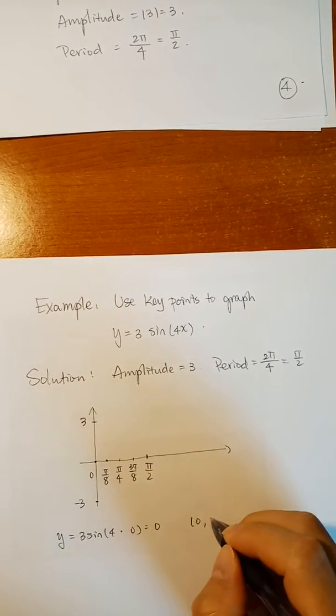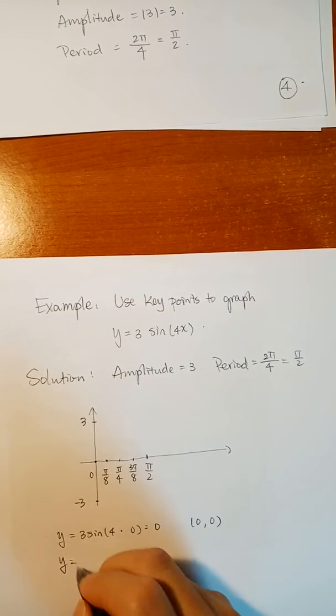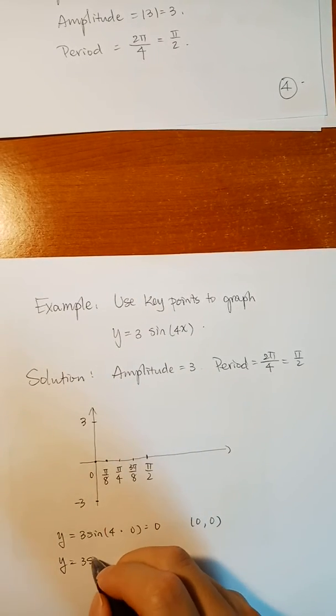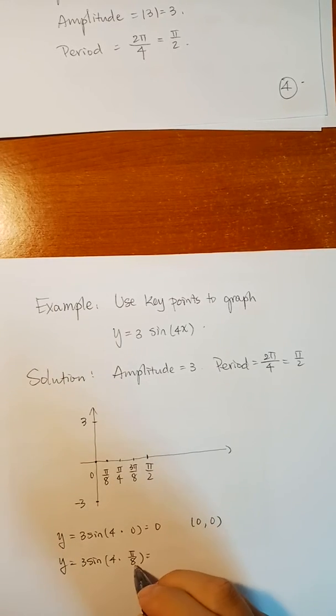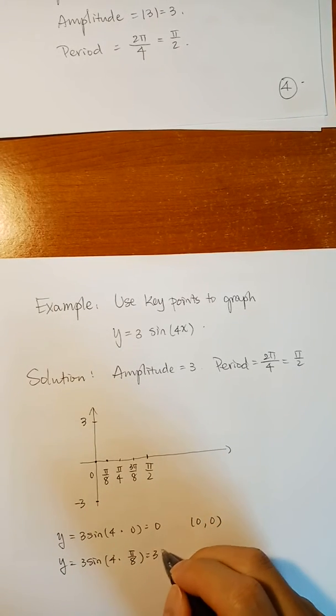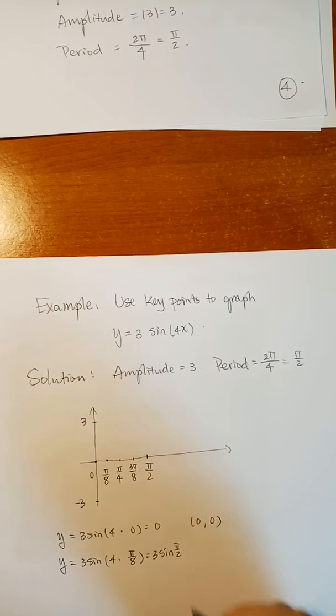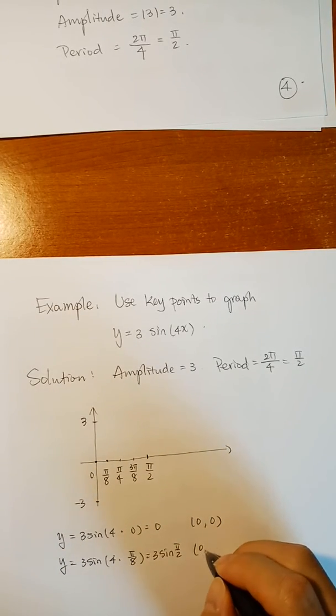So you have the point 0, 0. Then pi over 8: 4 times pi over 8 is pi over 2. Sine pi over 2 is 1, so the value is 3.